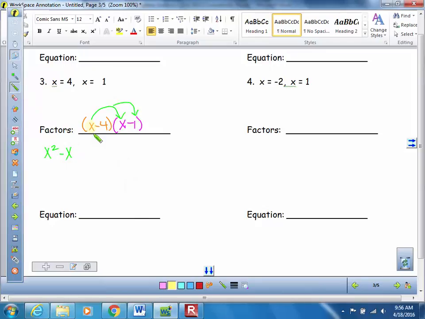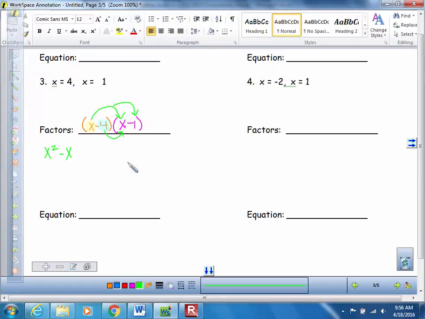Now that I distributed x to both things, I have to also distribute -4 to both things. So I'm going to do -4 times x, which gives me negative 4x. And then I'm going to do negative 4 times negative 1. What's a negative times a negative?